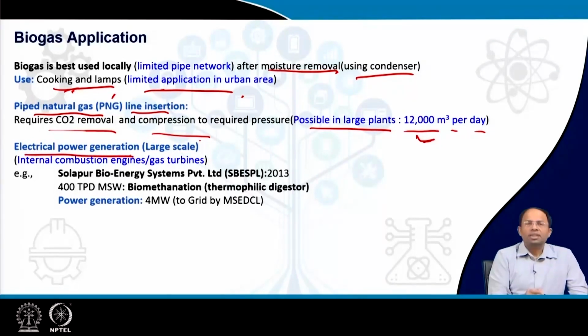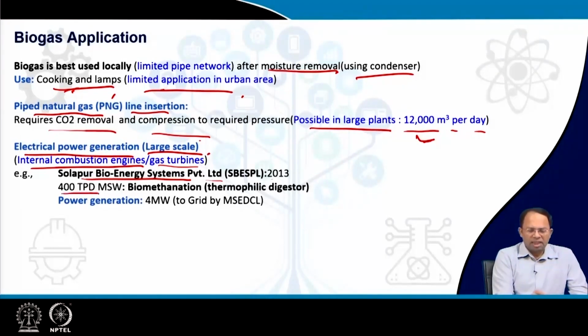Again, electric power generation could also be done from this kind of plant, but this can only be done at a very large scale. This gas is used to run internal combustion engines or gas turbines. One example is the Solapur Bioenergy Systems Private Limited plant, which was set up in 2013.